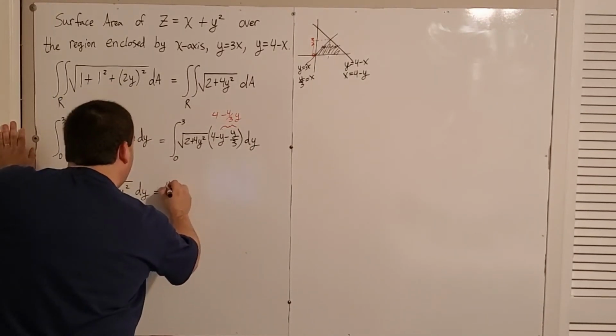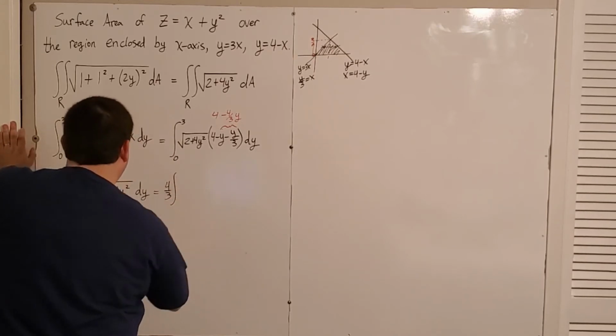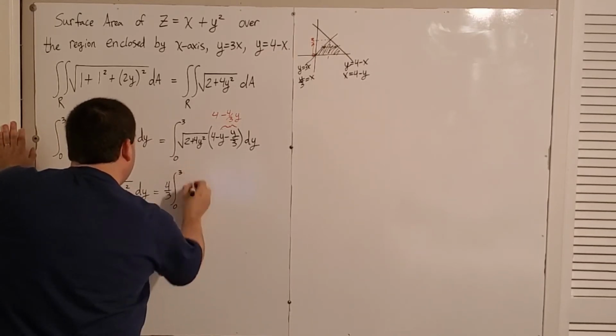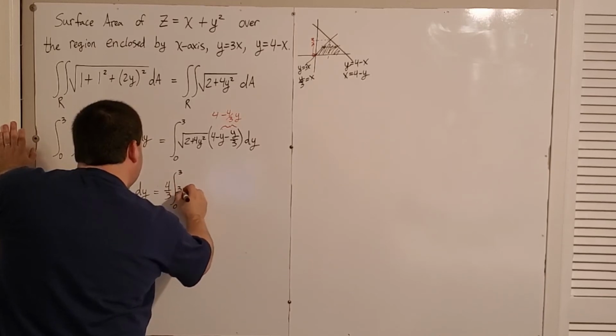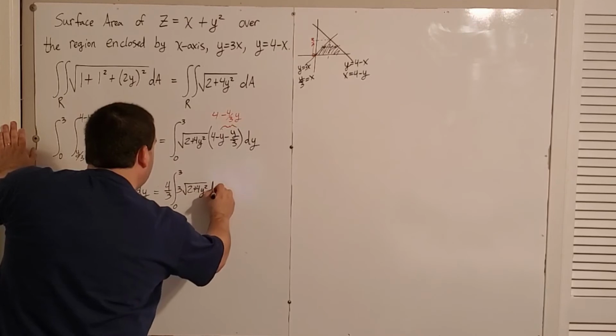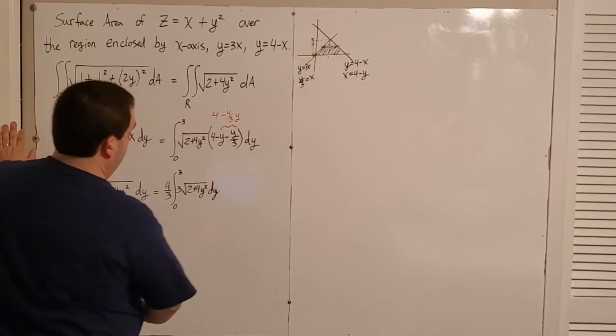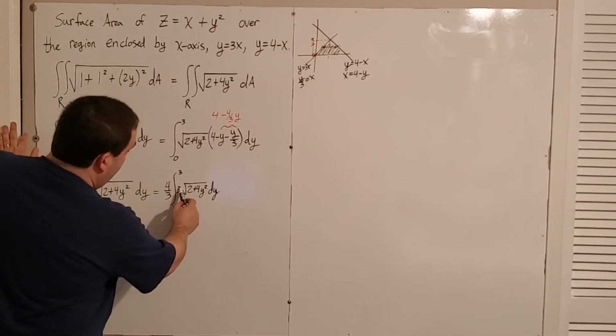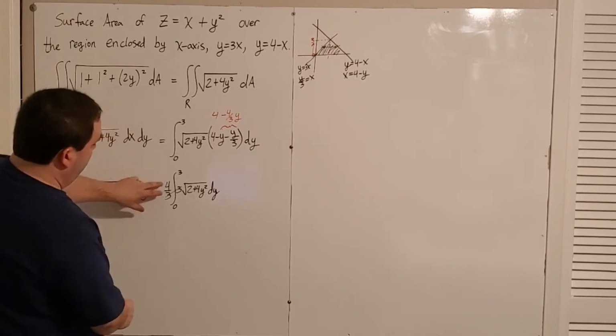Right? I'm going to have 4/3 integral from 0 to 3 of 3 square root of 2 plus 4y squared dy. Okay? Now notice here, the 3 over 3 can wipe out and I'll just be left with a 4 there.